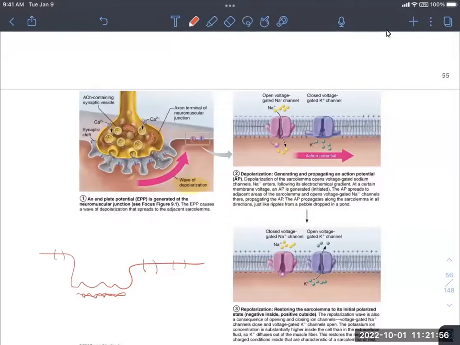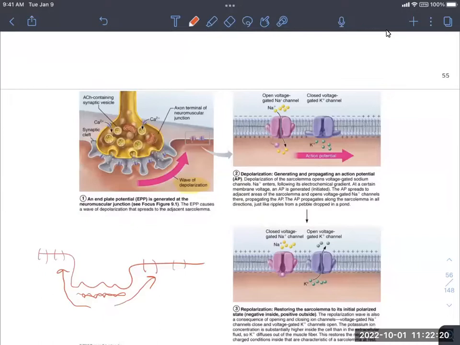And on this side, because it's going to travel both ways, it is going to cause these cells to spread that action potential down the entire muscle fiber. That's what causes the entire muscle fiber to contract. If we had just one small portion of it contract, we wouldn't really be able to move anything.